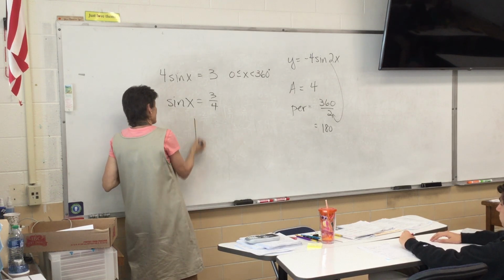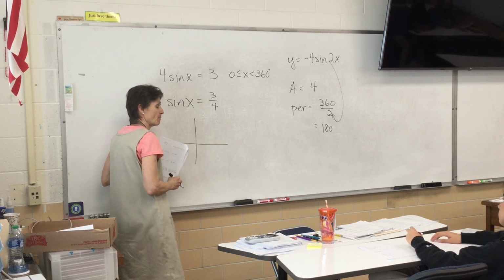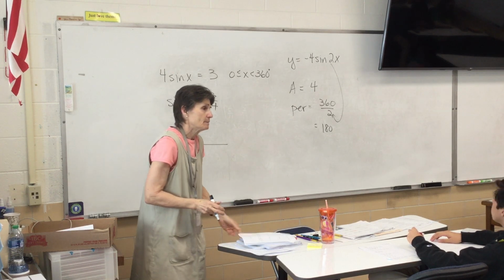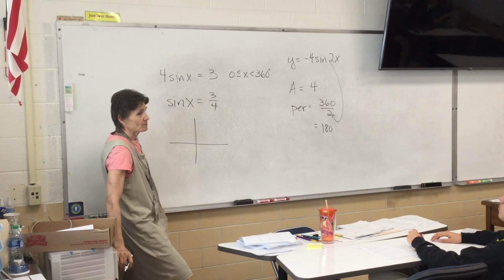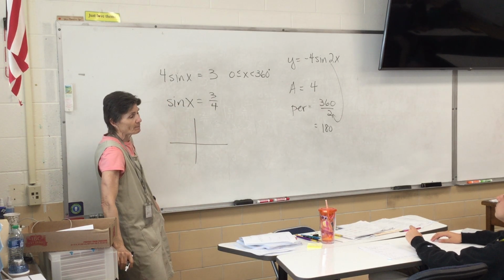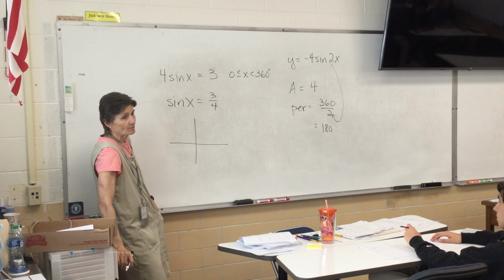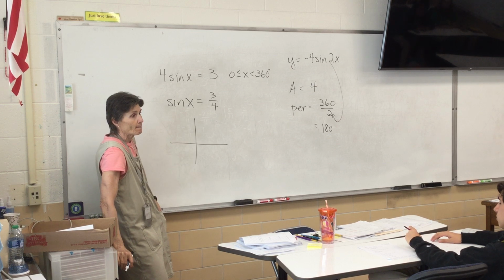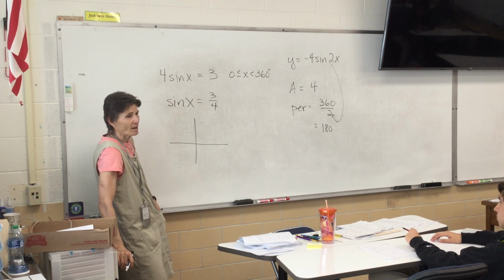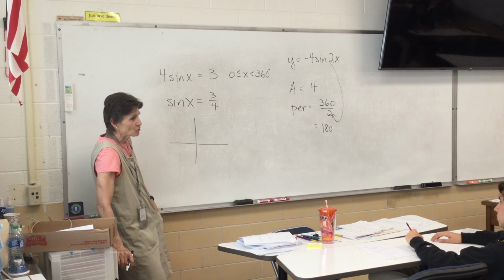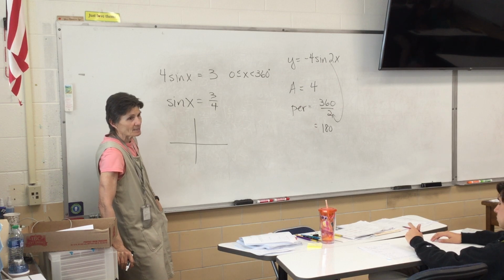Now, this is where things get a little tricky. You gotta really remember a bunch of stuff. That's the downside of trigonometry. It's super simple, but there's a lot to remember. Sine is associated with which letter, X or Y? What's it rhyme with? I, Y, sine, I, Y. It's associated with Y. Sine is Y over R, okay?